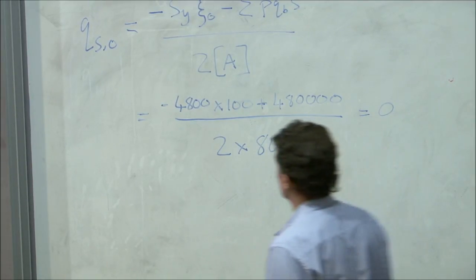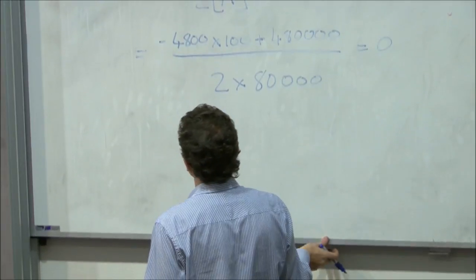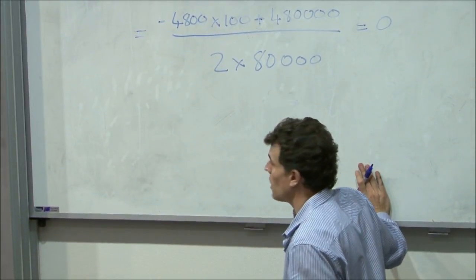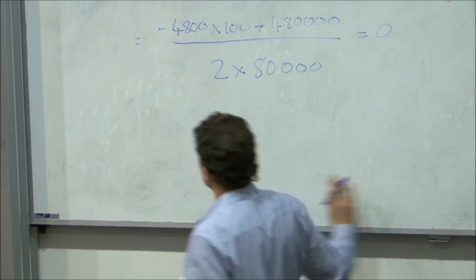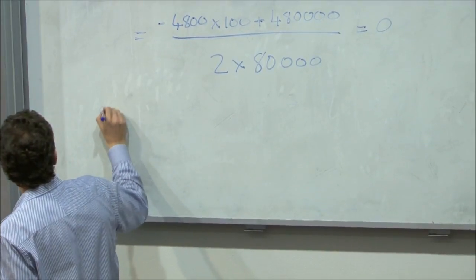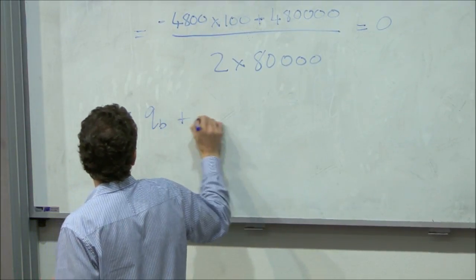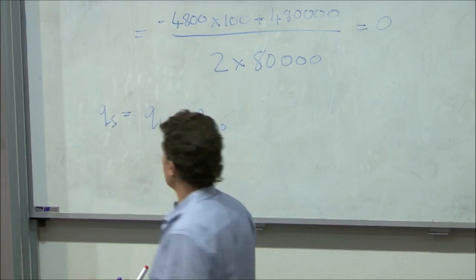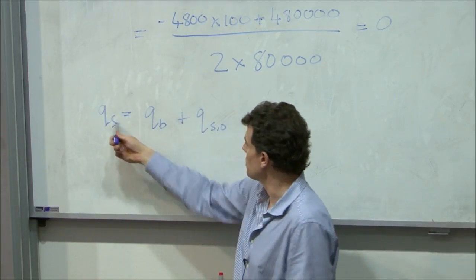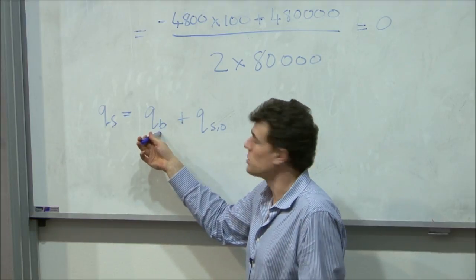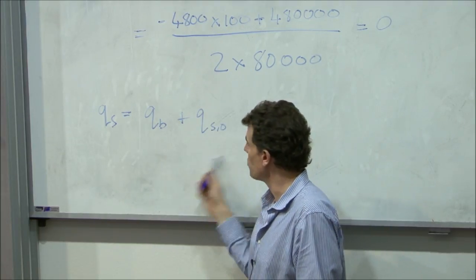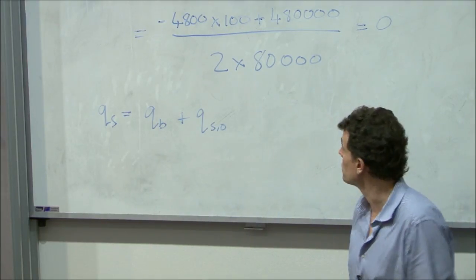So there's one more step of the calculation, and that's to calculate all the actual shear flows. So remember, our shear flow in each section is the basic shear flow which we calculated plus the constant one which is acting around the section.